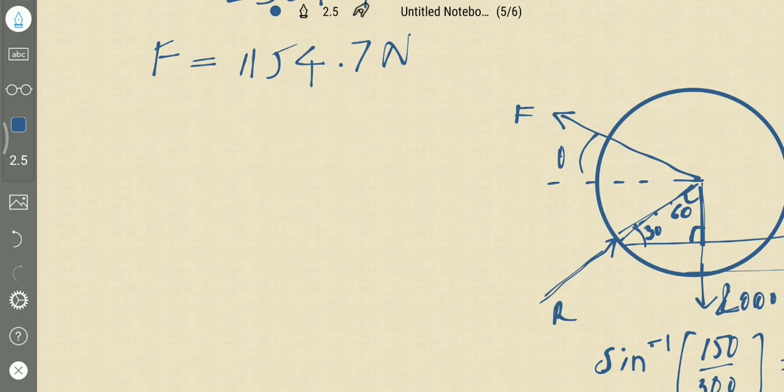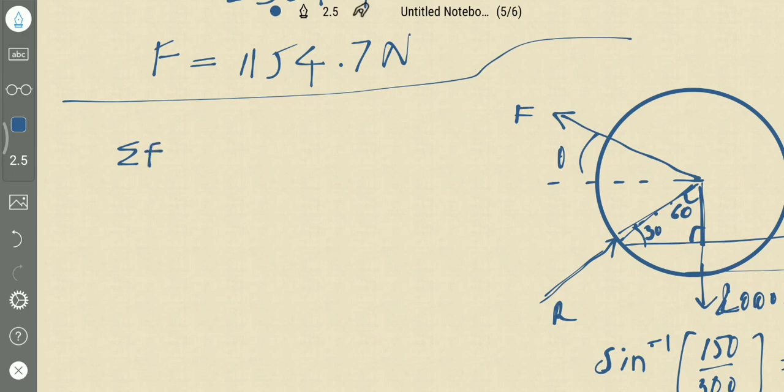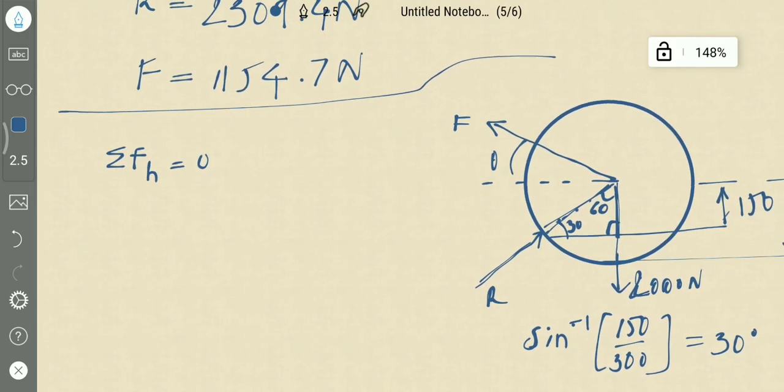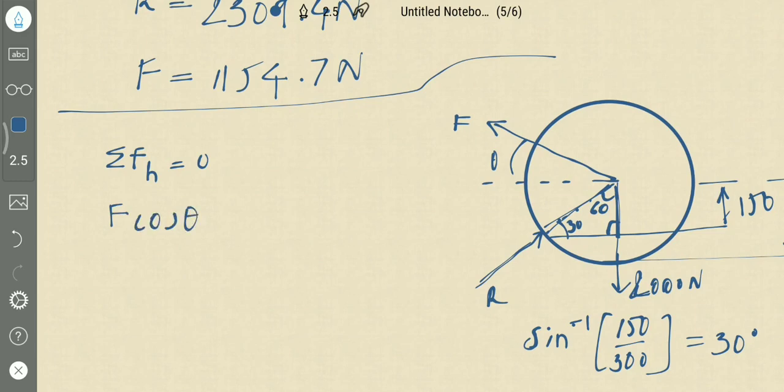So sigma FH is equal to 0, which means what are the horizontal components of all the forces? F cos theta, which, this is F, and the horizontal component of this force is this one.